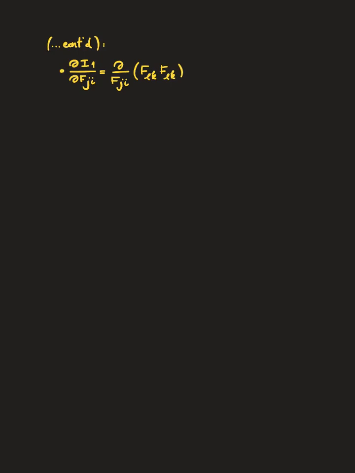You have to remember that L and K have to be summed. Now, you see, this is the derivative of the same function, so it takes a second to see that this is nothing but twice Flk times the derivative of Flk with respect to Fji.